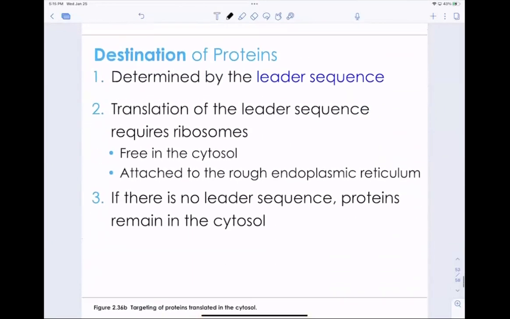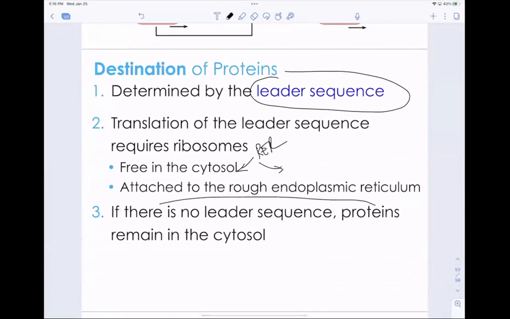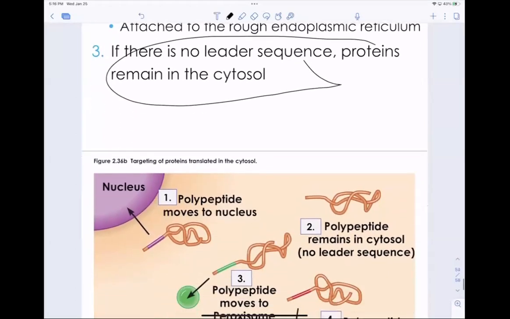The destination of these proteins is determined by what's called a leader sequence, and that leader sequence will tell the ribosome whether it needs to go to the rough endoplasmic reticulum, whether it stays in the cytosol, whether it gets packaged in a vesicle. If there's no leader sequence, it just can be a structural protein in this cell itself.